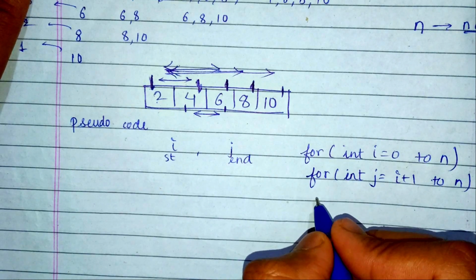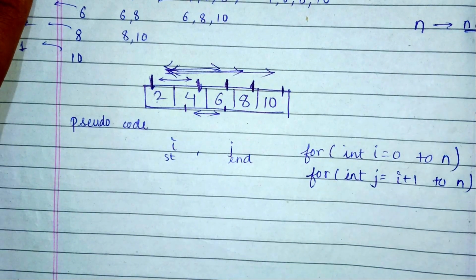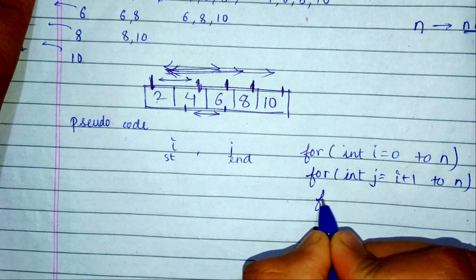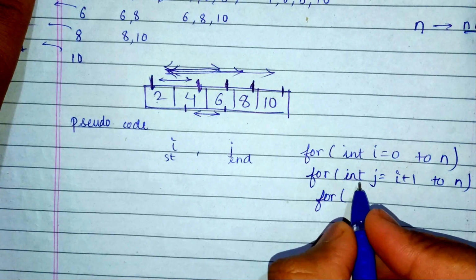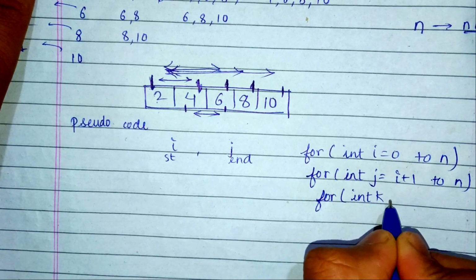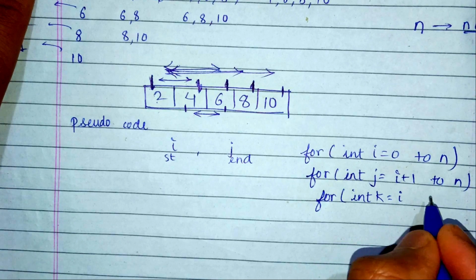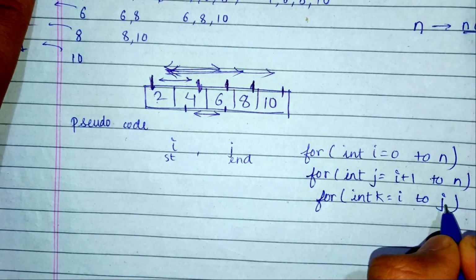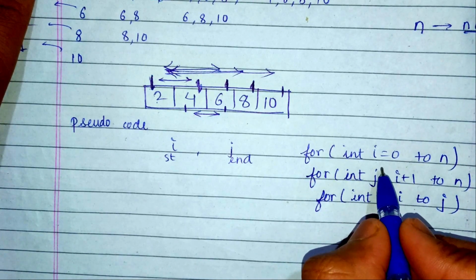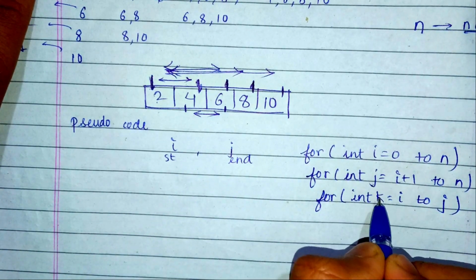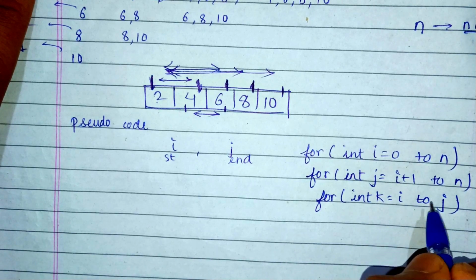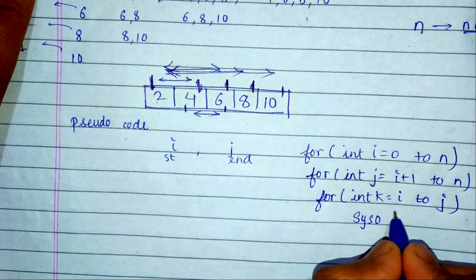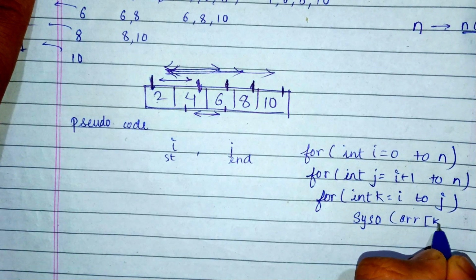And then another loop inside it for int k equal to i to j. This is the start and this is the end, and we print all the elements between them. Here we simply print array of k.